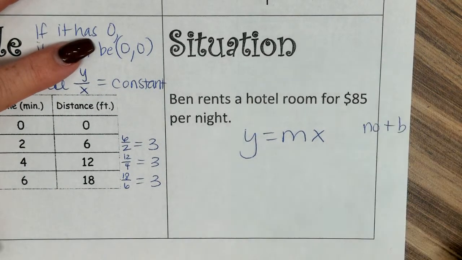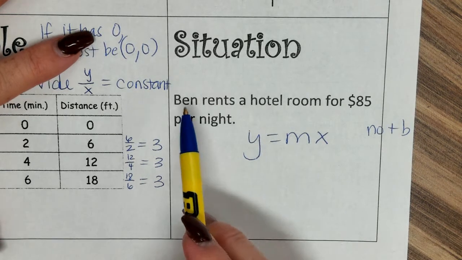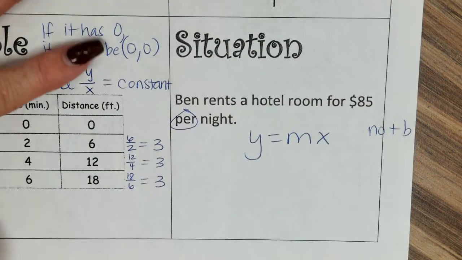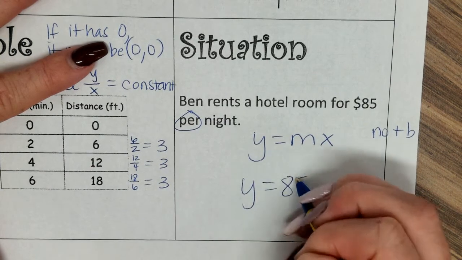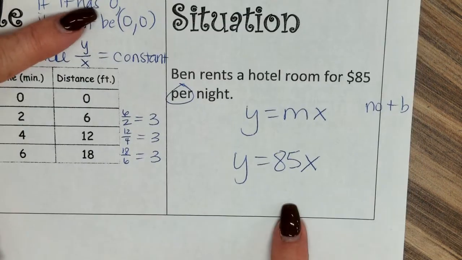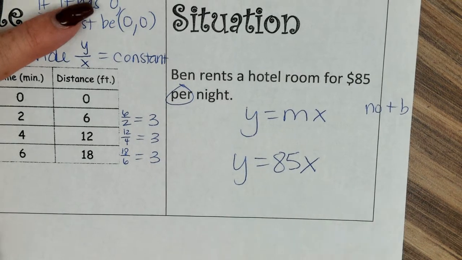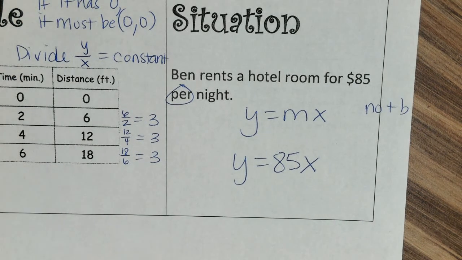No plus b. So how would I write this equation? Ben rents a hotel room for $85 per night. So why is this proportional? Because it doesn't have a plus b. It doesn't have a starting point. The starting point is 0. It doesn't have a one-time fee.